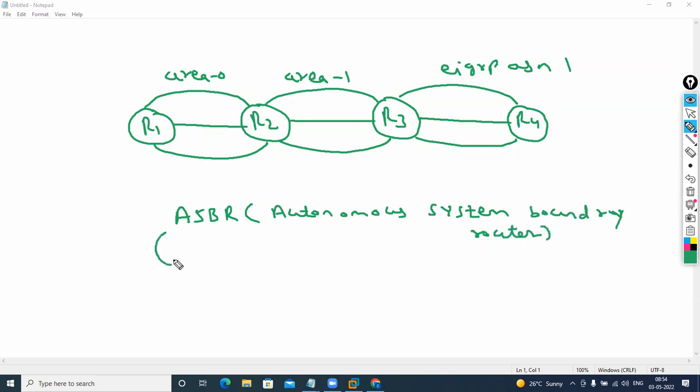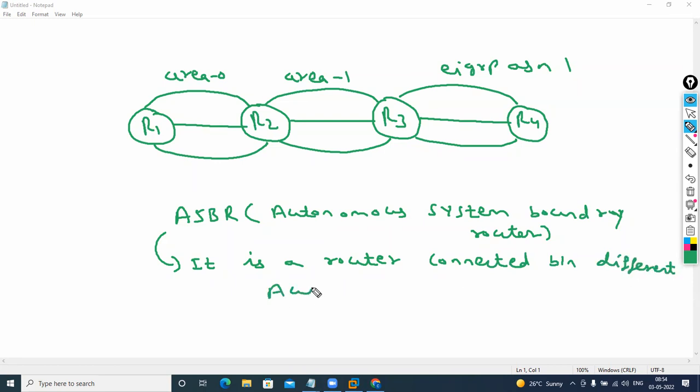It is a router connected between different autonomous systems.